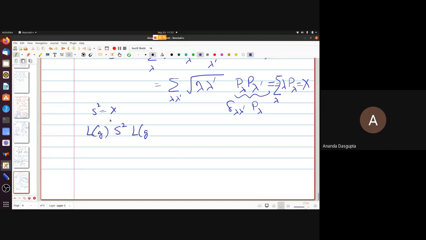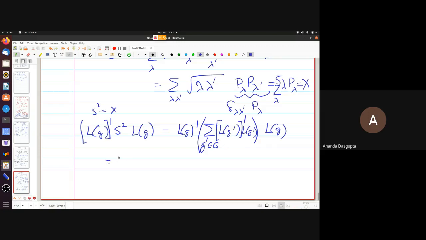Let's take LG's adjoint S squared LG, and let's try seeing what this is. This, of course, is LG dagger, sum over G prime belonging to G. S squared is X, so I can just put in X here, but I have to change the dummy index. That's all I did, right?